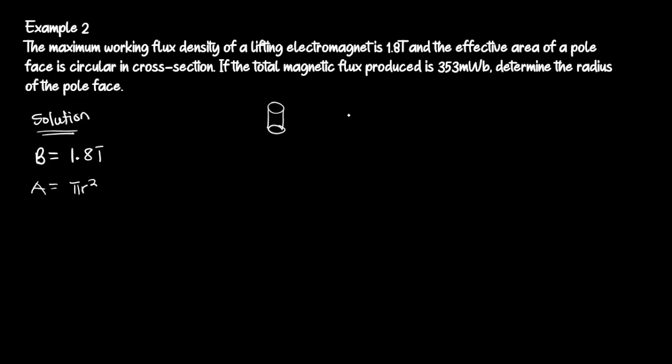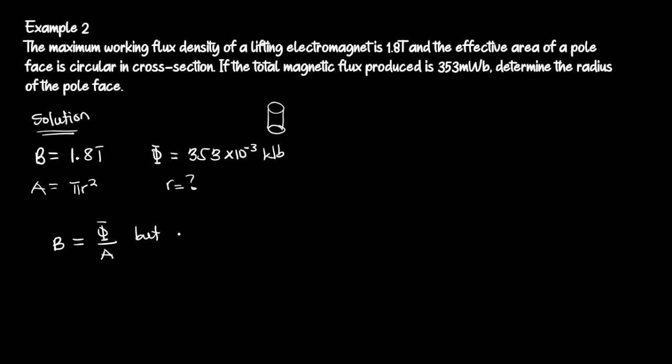Okay, so we were told that the total magnetic flux, phi, given to us is 353 milliweber. Milli is times 10 raised to the power minus 3, and I've already converted it. We have to determine the radius of the pole. So I'll quote the formula for magnetic flux density, which is B is equal to phi over A, which is area.